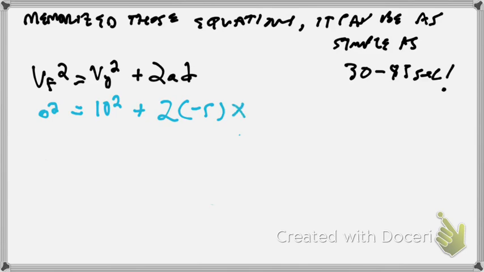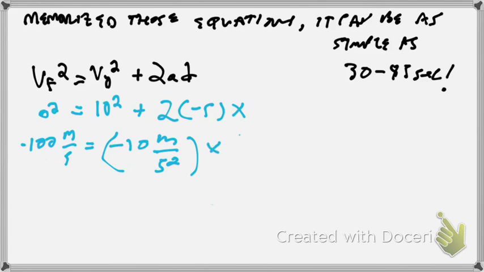What is d? We are going to solve real quick. We're going to get negative 100 equal to negative 10 times d. Once we divide these two, we end up getting 10 meters.